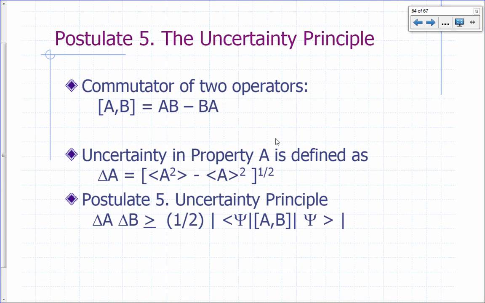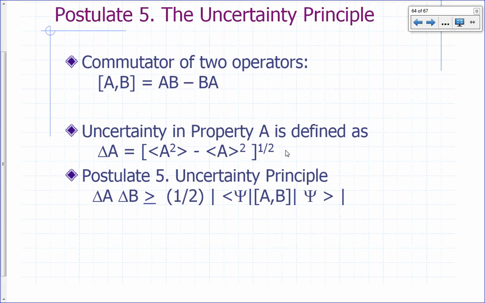All right, so anyway, the commutator gives us a way to express the uncertainty principle more precisely. Okay, so we can postulate now that, if we've defined delta A as an uncertainty in property A, and the way you define uncertainty is this expression right here.